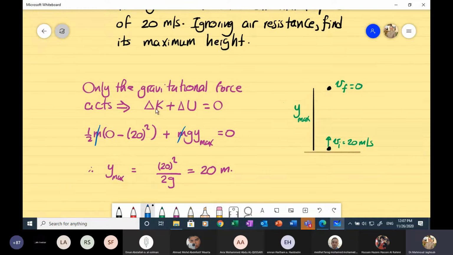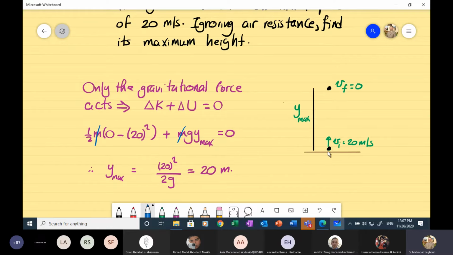I will use it with this, which really comes from W total equals delta K, using delta K plus delta U equals 0. So delta K is half m times, what is V final at maximum height? It is 0, minus V initial 20 squared.